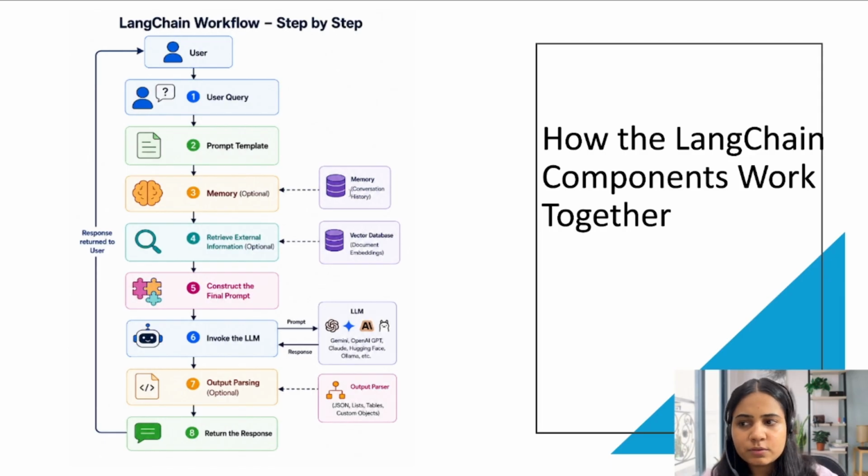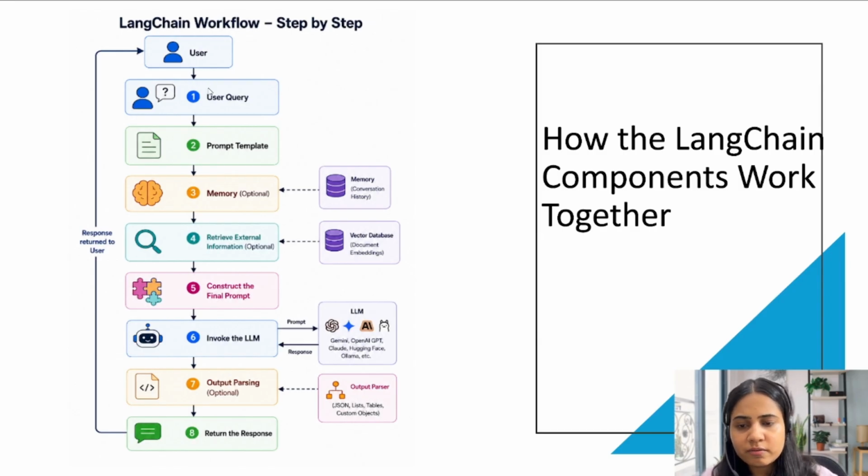LangChain will retrieve that conversation history using memory, and this allows the LLM to generate a response based on the previous interactions. According to the interactions we had, it will generate the responses. If the application does not need any previous conversation or memory, then this part will be skipped.